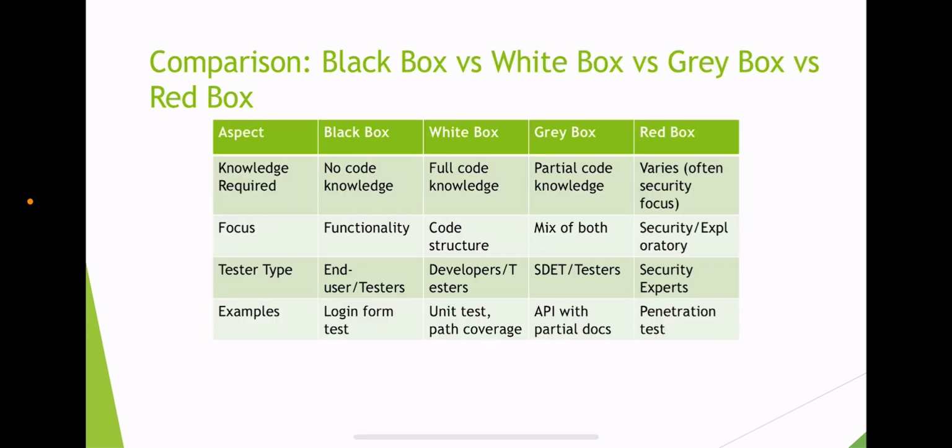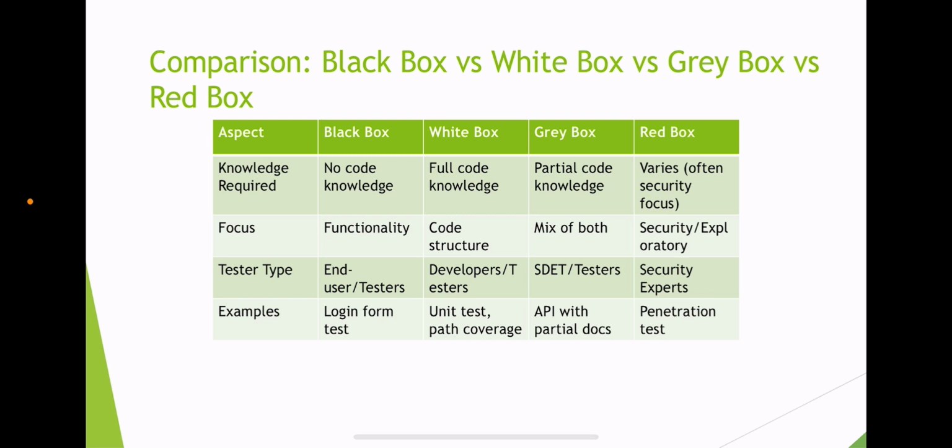So let's move to the next part, which is a comparison between black box, white box, gray box, and red box. From that, you will easily understand the exact difference between all these four types of testing. So the first aspect is knowledge required. For black box testing, as we discussed, no code knowledge is required for the tester.